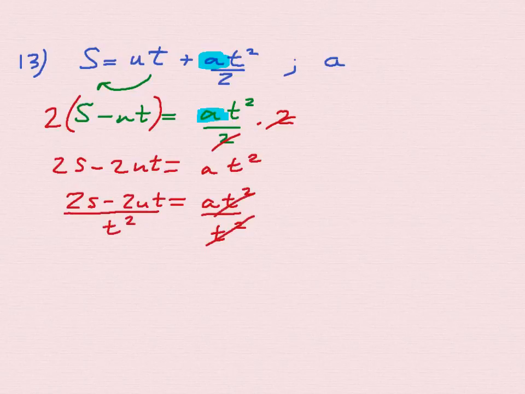A equals 2 times the capital S minus 2 times UT, all divided by t squared. You cannot cancel the t's because there is no t in the 2S term. Only if there had been a t in every term. There's 2 terms on the top. Could you cancel?